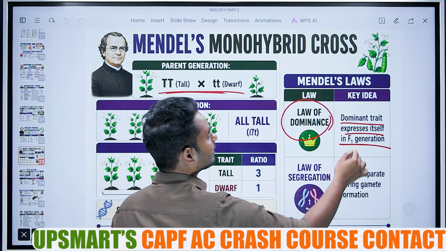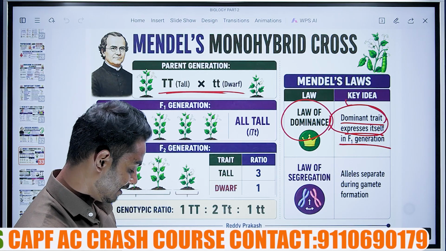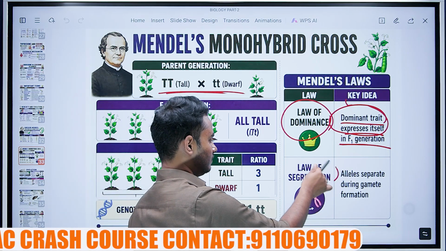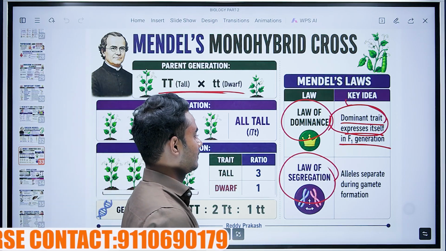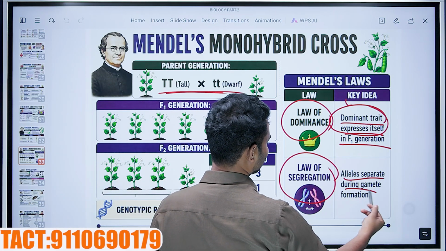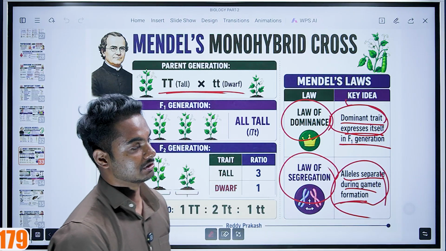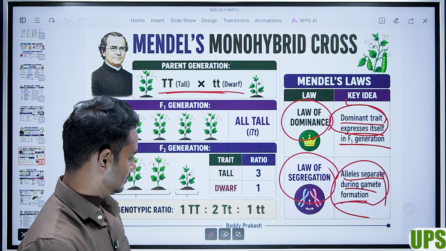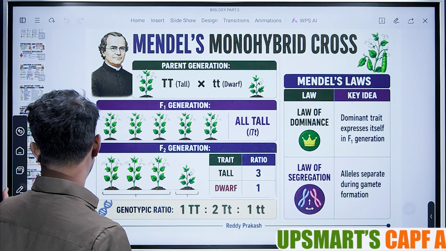This is important, the law of dominance. Then what is the law of segregation? I'll explain it with an example. Law of segregation: alleles separate during gamete formation. I'll explain this. Now let me take a whiteboard so that I can explain it in a nice manner.